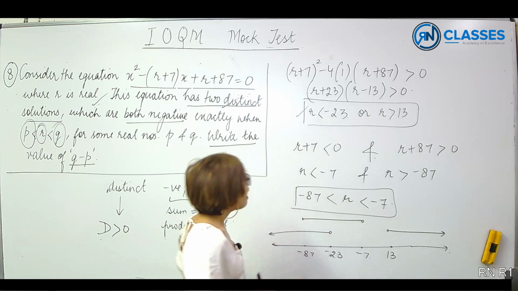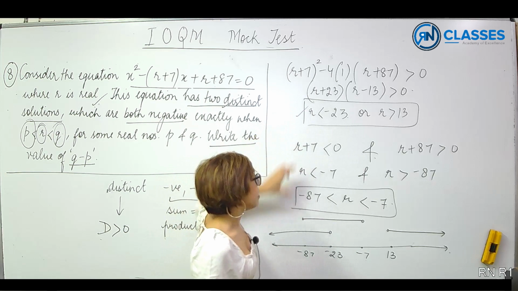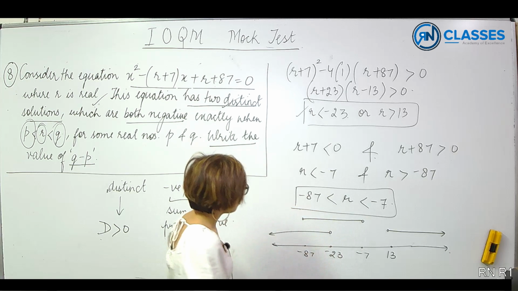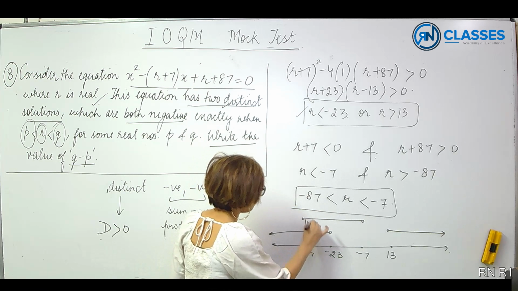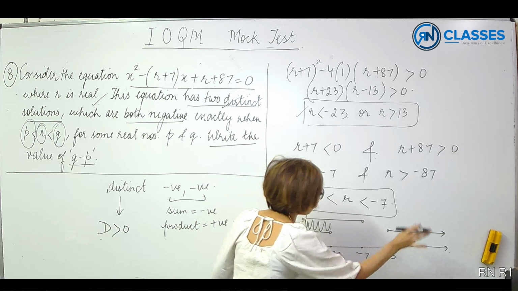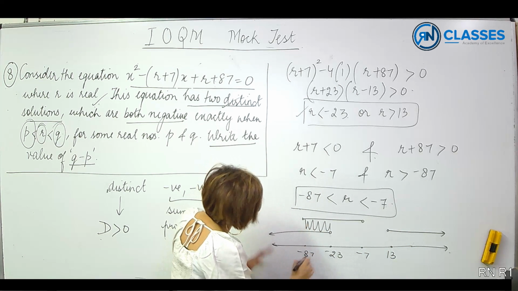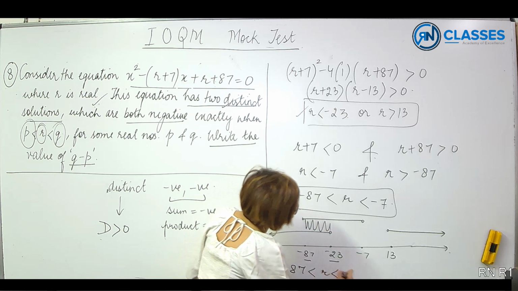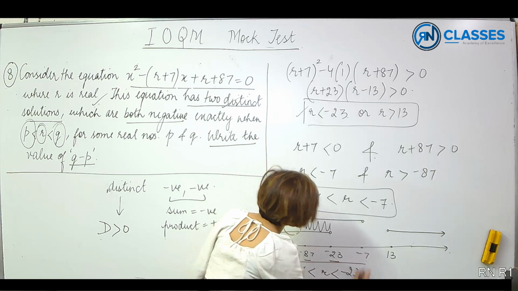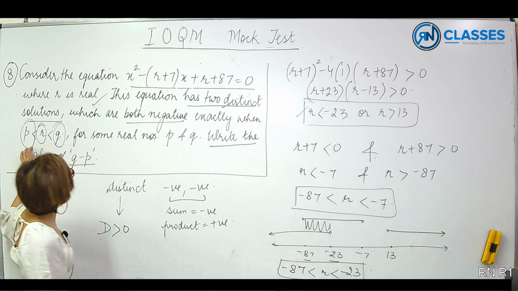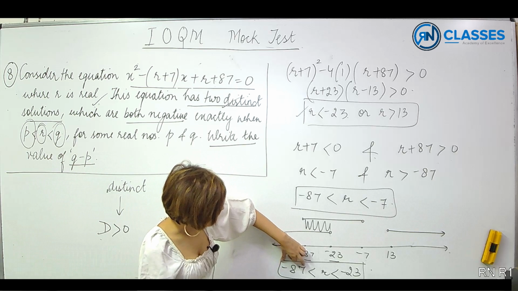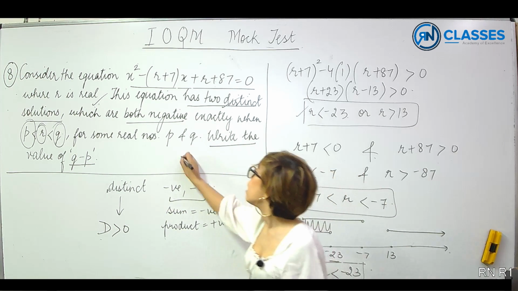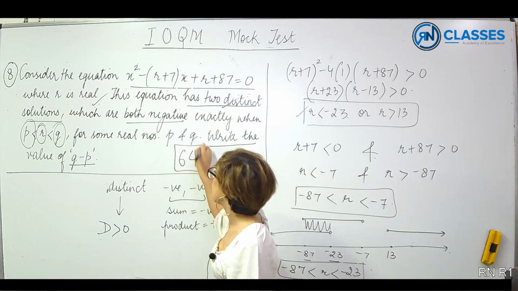So here. Right? Now, I want R to satisfy this as well as this. So that means R should lie over here and it should lie over here. So that means the common part. No common part, no common part. So this is the only common part. So that means R must vary from minus 87 to minus 23. Right? Done. Now, my P and Q are fixed. My P is minus 87. My Q is minus 23. Just substitute it and you will get the answer as 64.